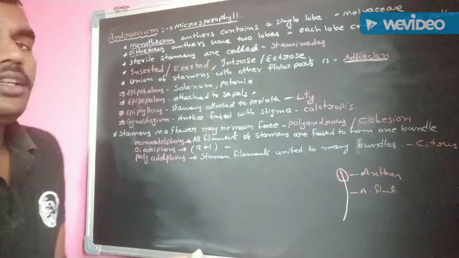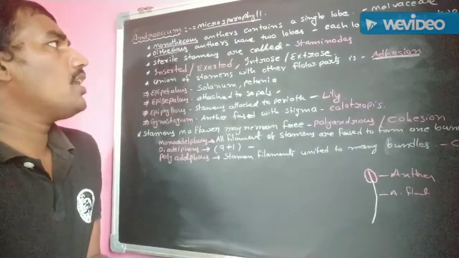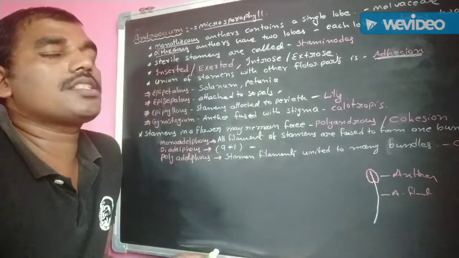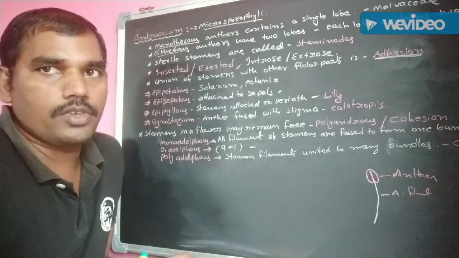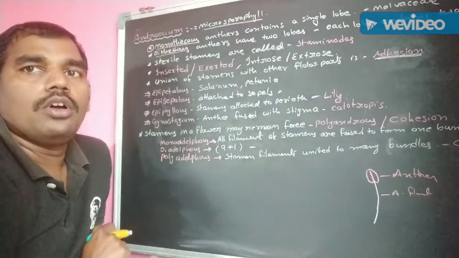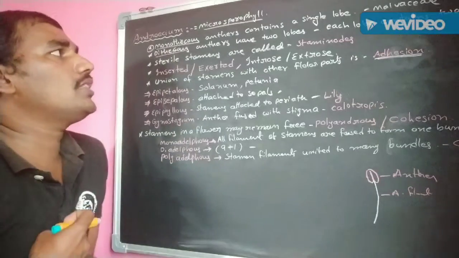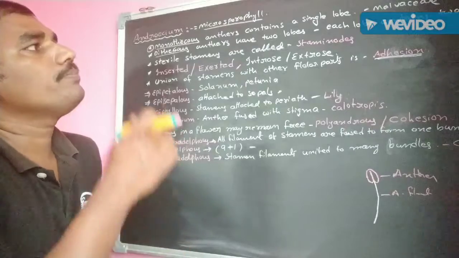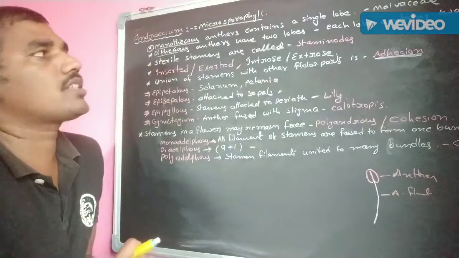Microsporophyll. These anthers are mainly differentiated into two categories on the basis of their thecae number. The first one is monothecous. Mono means single. Theca means one knob or loop-like structure.